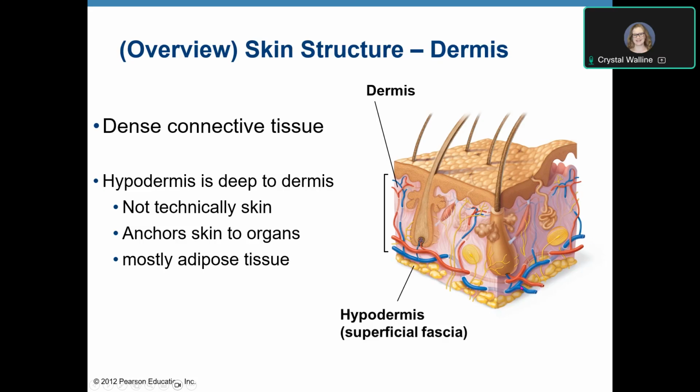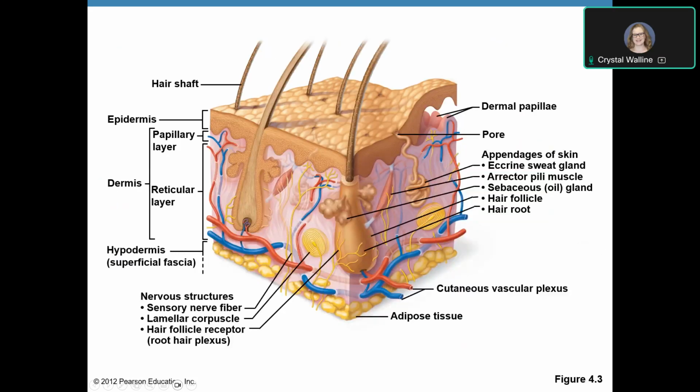And you can also find areolar connective tissue, which is also a loose, proper connective tissue. Within the skin, we'll find a lot of specialized structures and a lot of specialized cells, which we will talk about as we go along.